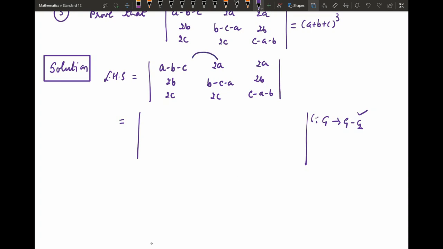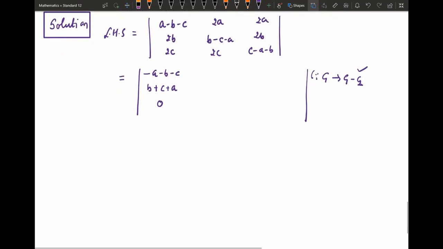So here a minus b minus c minus 2a will be minus a minus b minus c. Multiply this by minus 1, add here, so 2b minus b, that is b plus c plus a, and 2c minus 2c, so this is 0. So we have used column operation C1 to C1 minus C2, the second column is multiplied by minus 1, added in the corresponding entries of the first column.